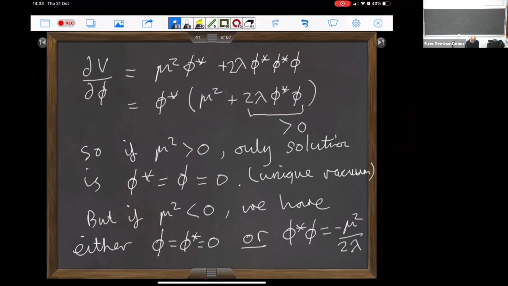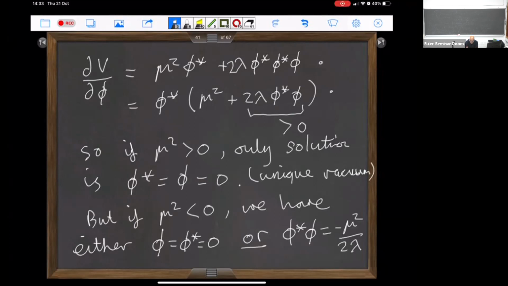So let's do that. If we compute dV by d phi, when we're just differentiating a polynomial, straightforward, we get mu squared phi star plus twice lambda phi star squared times phi, which can be rewritten so that both terms have a common factor of phi star.